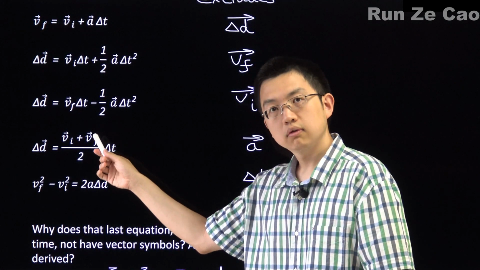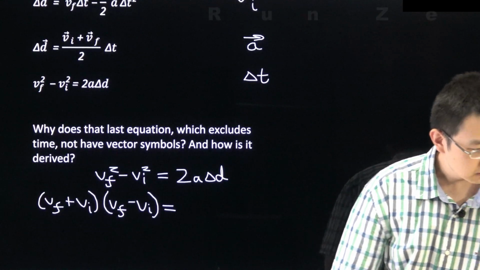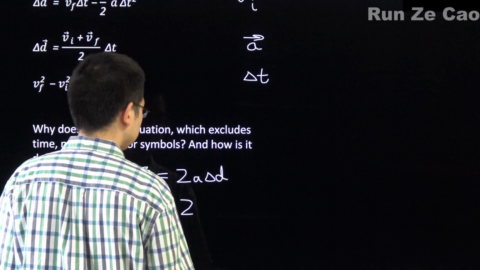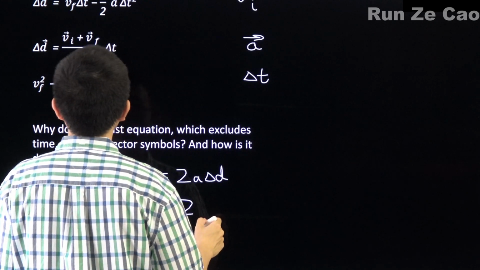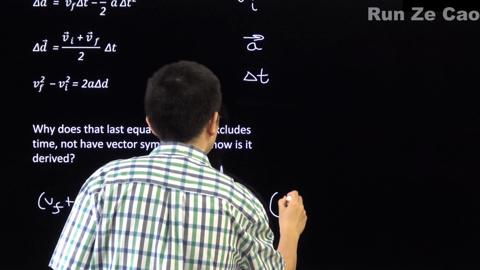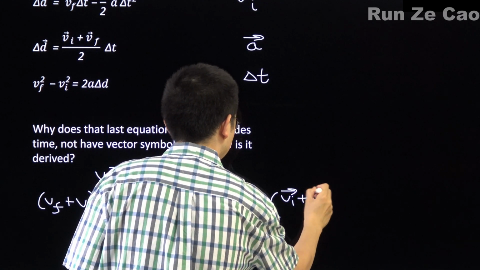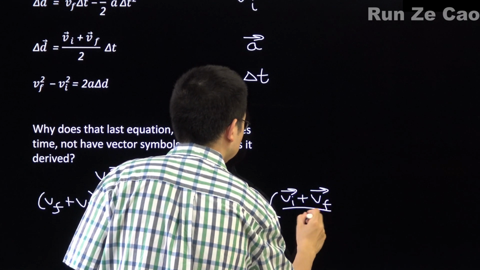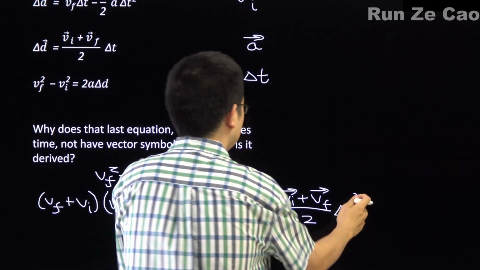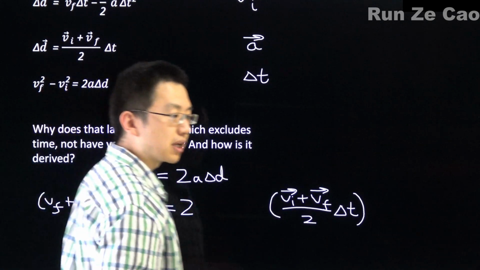Let's substitute that in. So we have 2 times something, whatever a is. And then we have delta d, which is (vi plus vf) over 2 times delta t. If it was entirely up to me, I would have written this part in front, but I wanted to make sure that everybody can follow what becomes what.